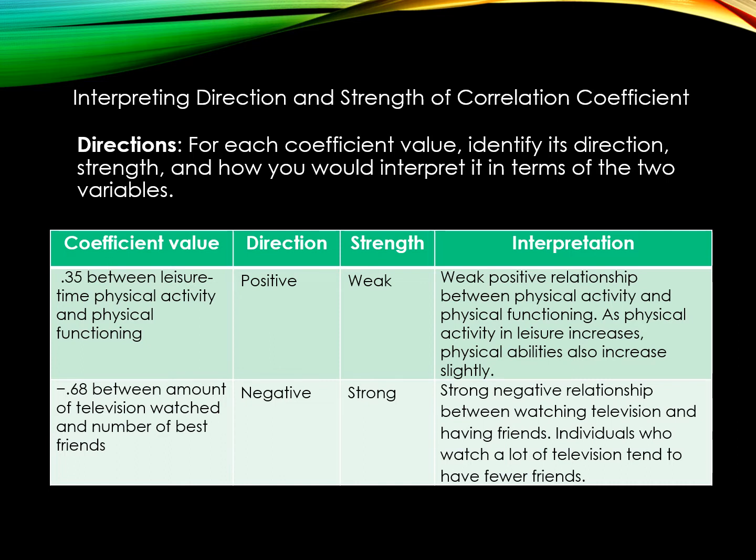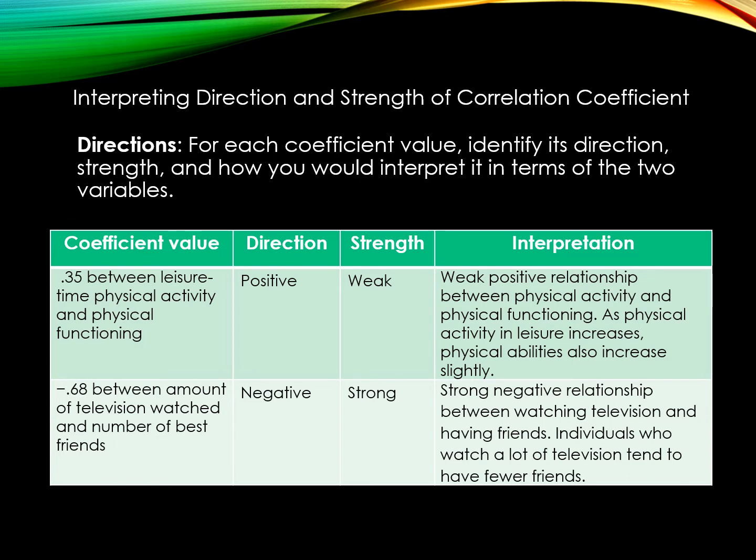And we know, because of the scale we used earlier, that it's a weak one because it's below 0.4. So we can say there's a weak positive relationship between physical activity and physical functioning. So as leisure physical activity increases, our physical abilities also increase slightly. We say slightly because it's weak.